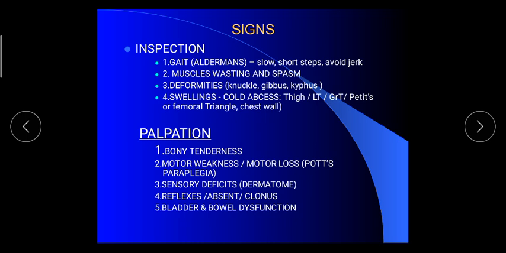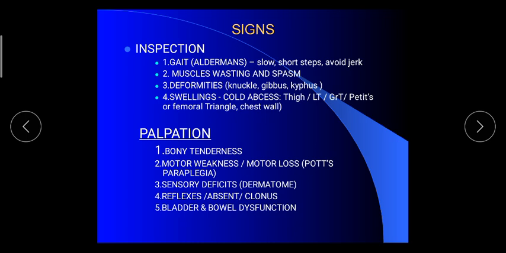There can be deformities like knuckle, gibbous, and kyphus. Knuckle means it is a small bony prominence because only one vertebra is destroyed. Gibbous, when 2 or 3 vertebrae are destroyed. Kyphus, when many vertebrae are destroyed.